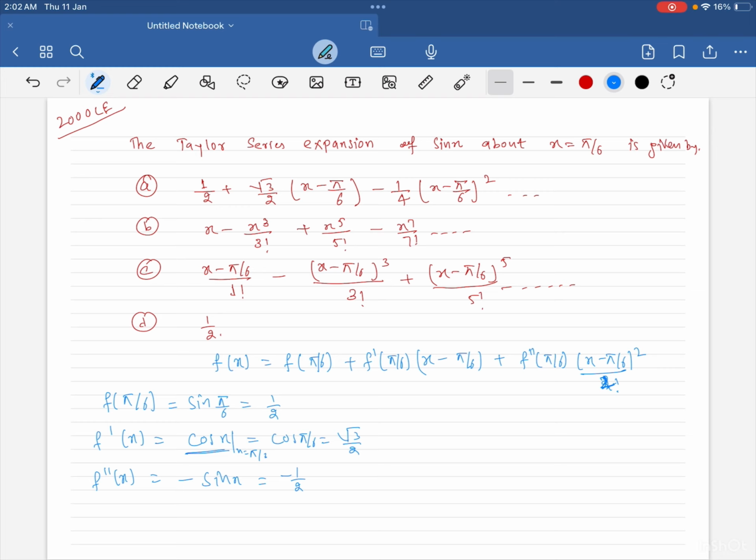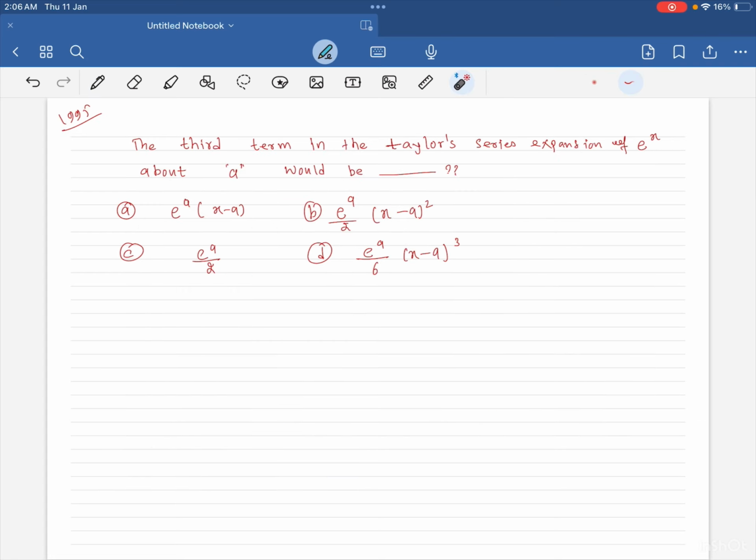Now we can put all this value to this, so that will be 1 by 2 plus f dash is root under 3 by 2 into x minus pi by 6. Now we will have here, due to this 2 and this 2, that will become 1 by 4, so it is visible, right? Option A is the correct one.